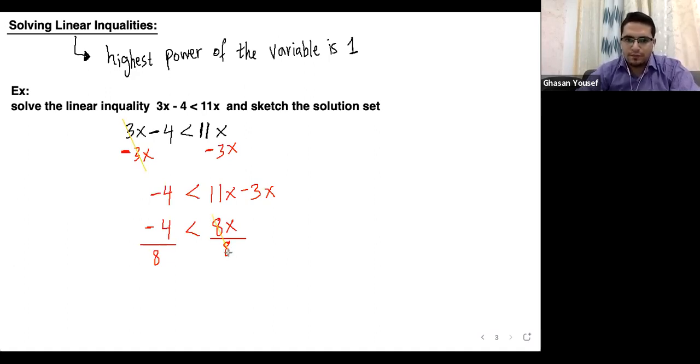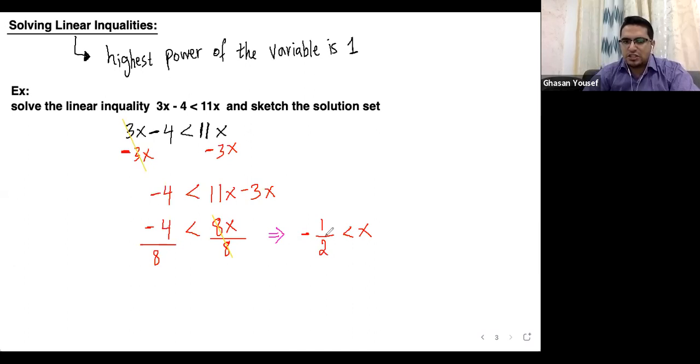The answer simplifies to minus 1/2 less than x. We can simplify minus 4 over 8 by dividing by 4, and I get minus 1 over 2 less than x.